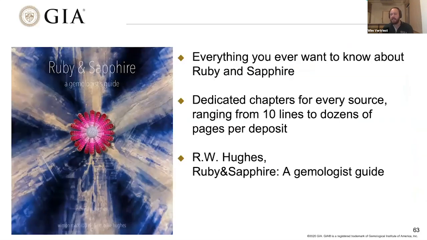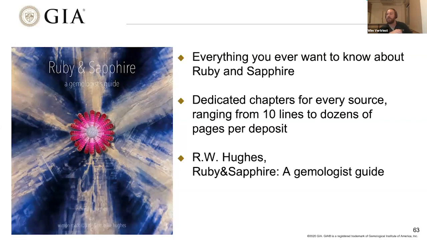And then, of course, as a last source that I want to give you, this one is not available for free, but it is worth every penny you could spend on it, is the book that has everything you ever could know about Ruby and Sapphire: Ruby and Sapphire, a Gemologist's Guide by Richard Hughes and his family. It has a couple of chapters, but the last chapter actually comprises more than half of the book, and it talks about every source where Ruby and Sapphire has been found or has been described.